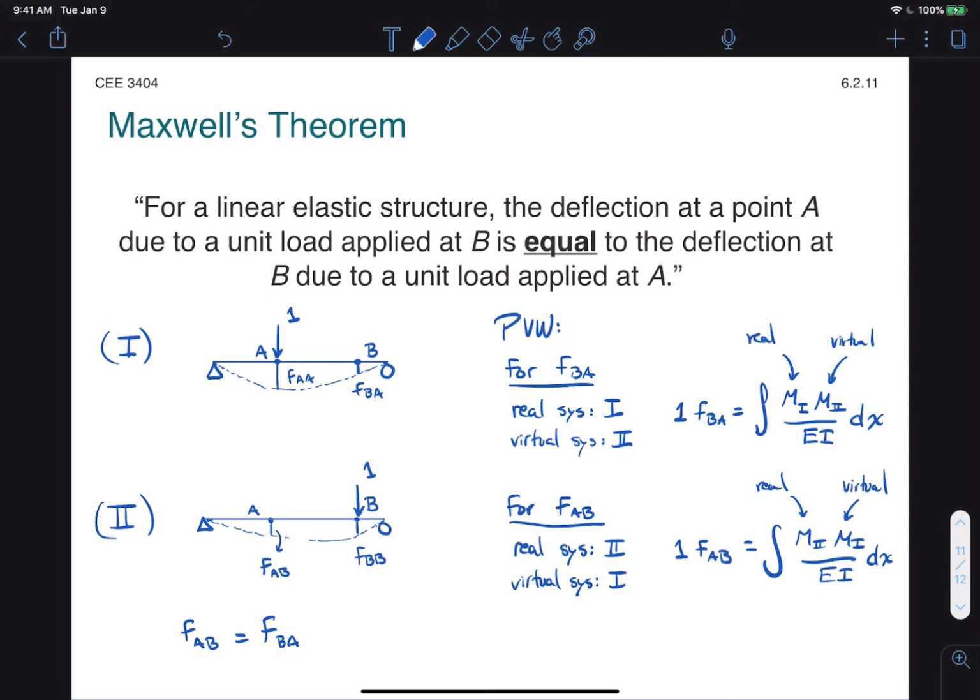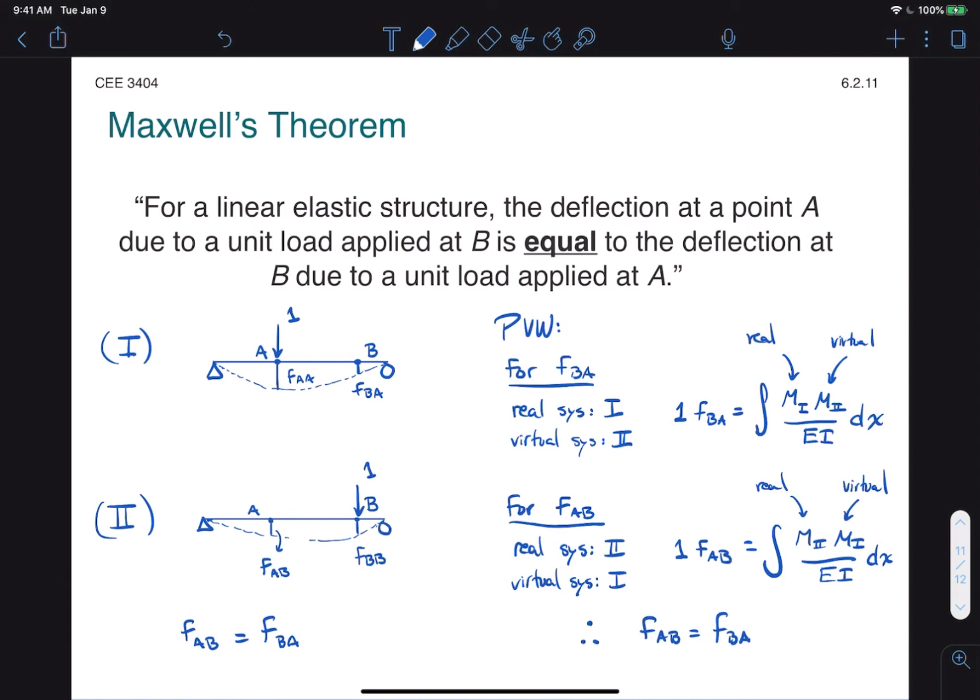Right? But all we've done is flip the product, which of course doesn't change anything. So the equations for FBA and FAB are identical, and so those values must be equal to each other. So therefore, FAB and FBA must be equal.